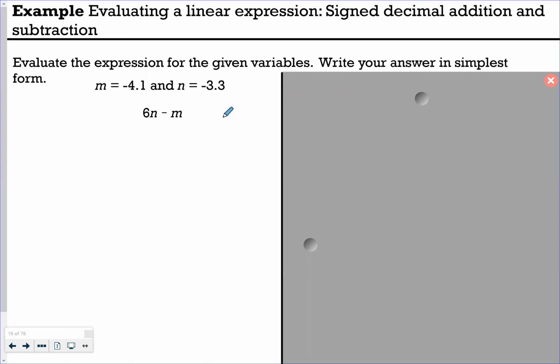So we're going to put 6 parentheses, and then inside of the parentheses, we put the negative 3.3, then minus parentheses. And inside of those parentheses, we put the value for m, which is negative 4.1.